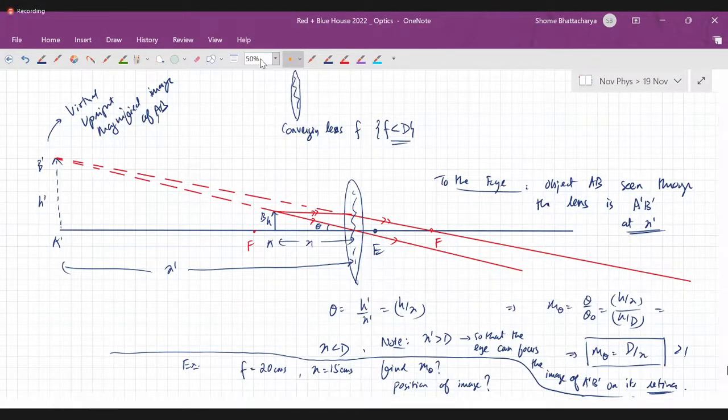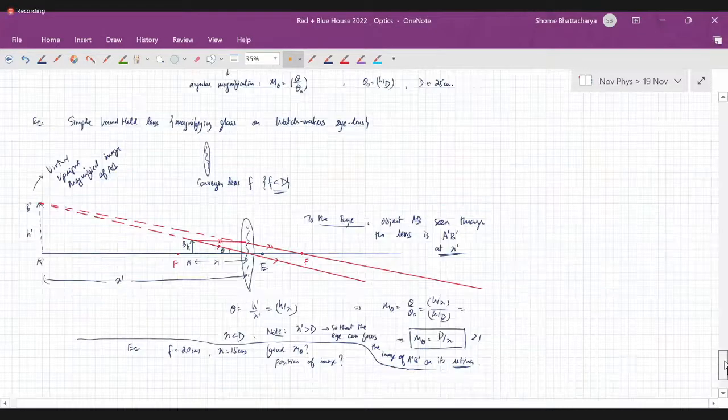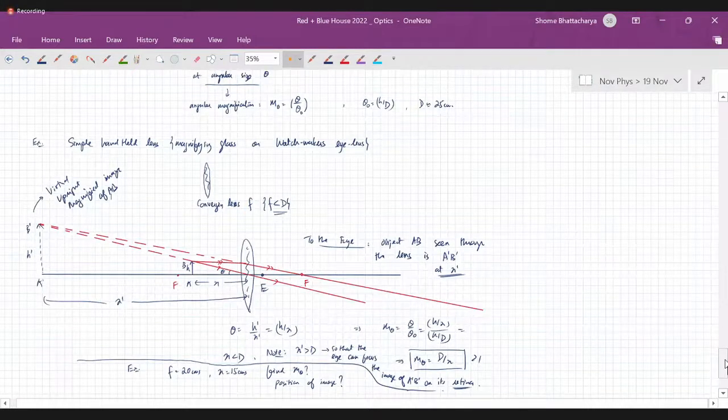So that's what we'll understand through the numerical example, which I have given below. Suppose we have a handheld lens of focal length 20 centimeters, and we keep an object at a distance of 15 centimeters. Without the lens, there's no way we could have seen that object clearly because it's at a distance less than capital D for us. But when we are seeing it through the lens, it will appear to be at a different position.